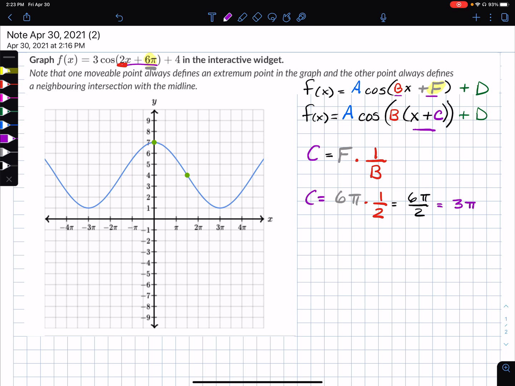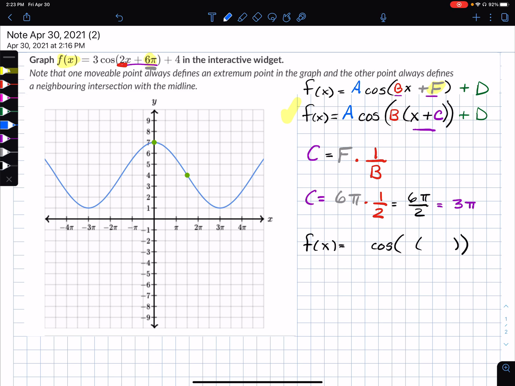So what you're going to see me do now is rewrite this f of x model with all the parameters from the function that they give us. And here it is. Because the a, the d, and the b all stay the same, it's just that c and f value we have to fiddle with in order to see the phase shift. So now that we've got this, I'm going to have the layered parentheses in here.